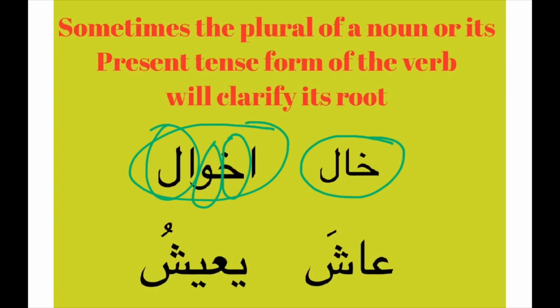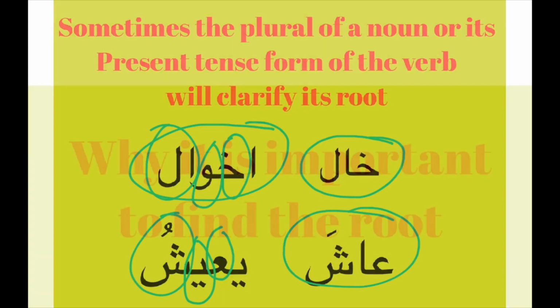In the verb asha, we know that aleph can never be part of the root. But if we go to the present tense form, el-mudari, we see that we have yaishu, and the root letters are ain, ya, and shin.